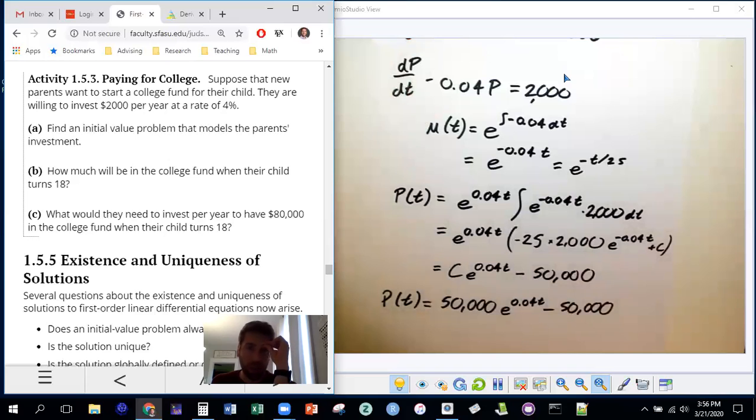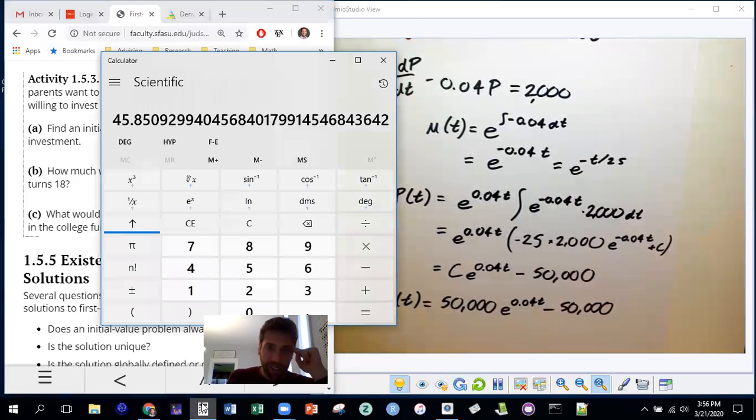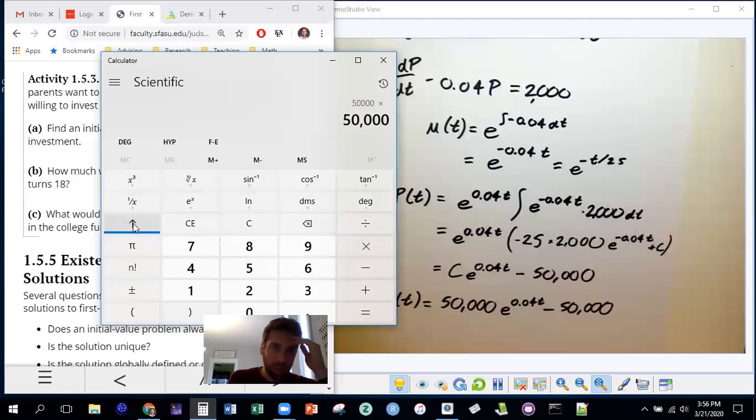How much will be in the college fund when the child turns 18? Well, let's pull out our handy dandy calculator. It's been a while since I used a calculator like this. So let's do the exponent first. 0.04 times t, which is 18, is 0.72.